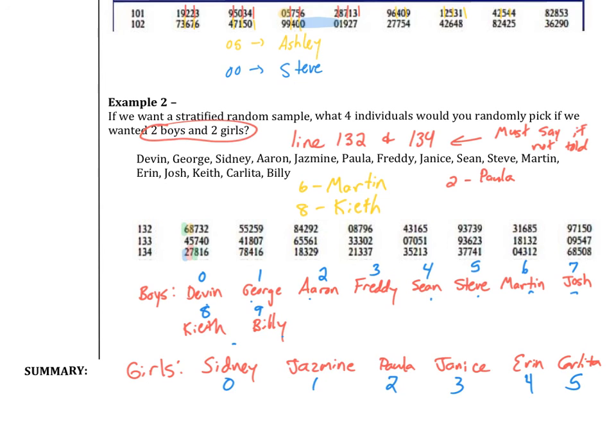Is there a number 8 for the girls? There is not. The next single digit would be number 1. So number 1 would be Jasmine. We just keep going until we get 2 numbers that are from that group. So the 2 numbers we got were 2 and 1, which would be Paula and Jasmine. Okay, and that's how we randomly choose a group of people.